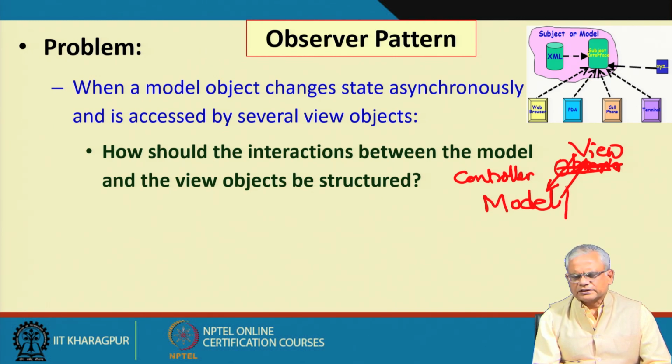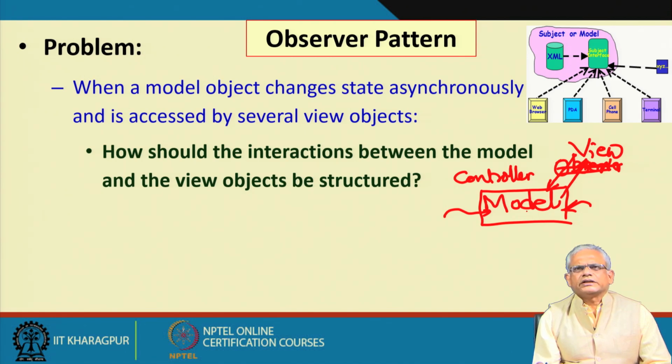And the model objects change due to various reasons. Maybe in the cricket game, some event occurred, a run was scored and the model got updated, or maybe in networking some message came and the network model got changed, or maybe in a stock market the model is the prices of the various stocks and some trading took place and the prices changed asynchronously.